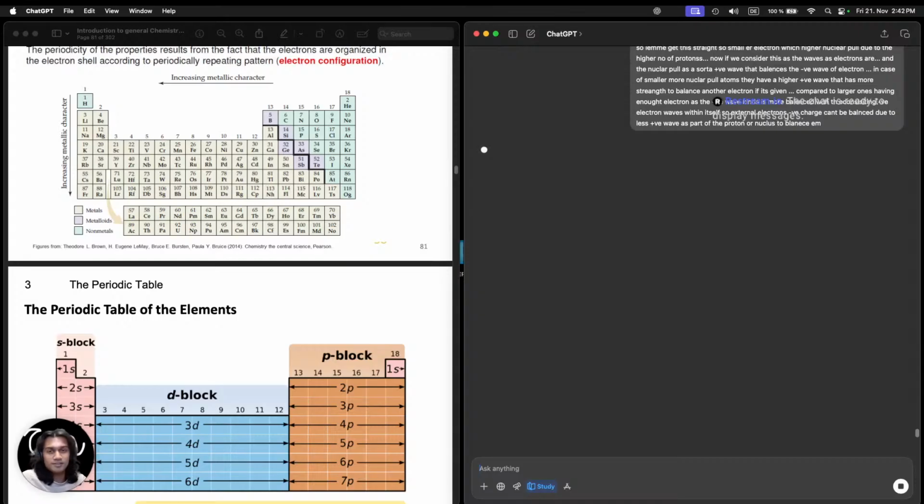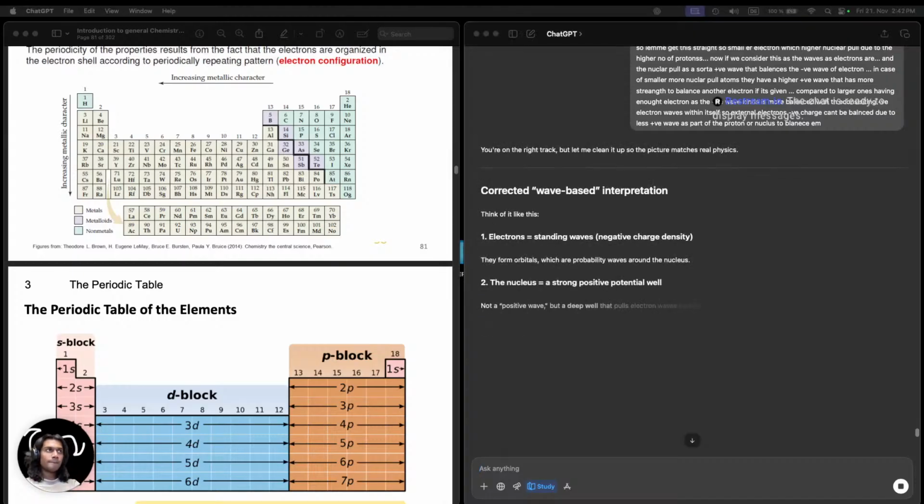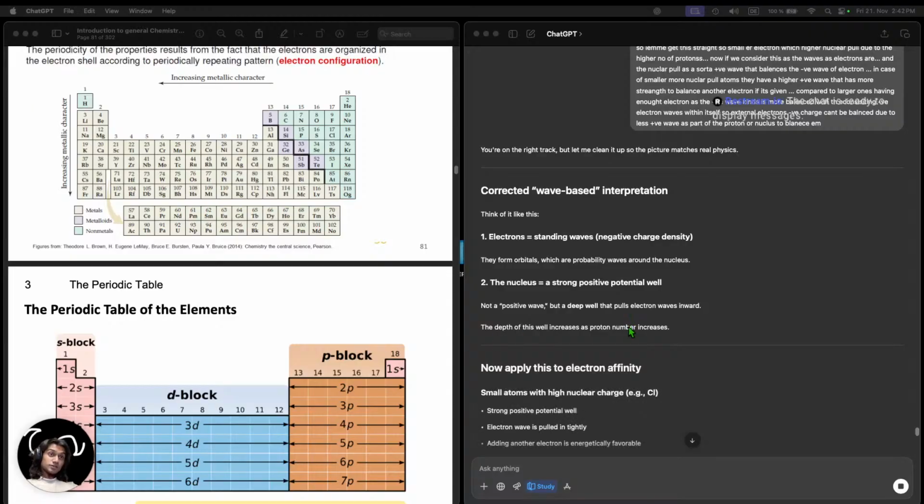Not exactly. You're on the right track. Think of electrons as standing waves, negative charge density. They form orbitals. The nucleus is a positive potential well. Not a positive wave, but a deep well that pulls electron waves inwards.